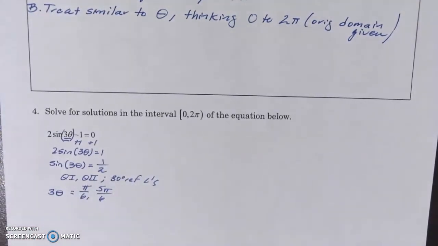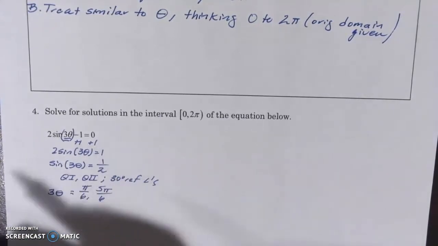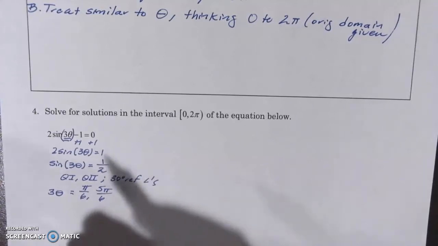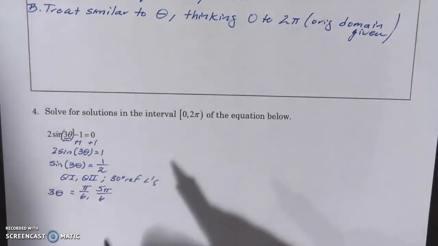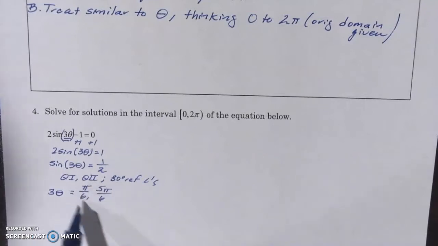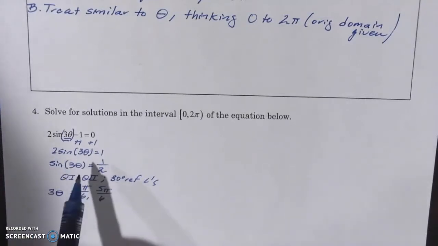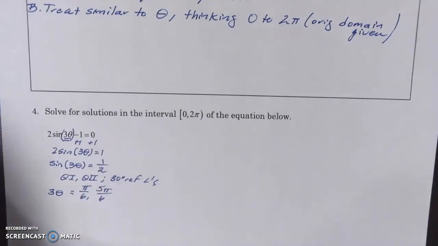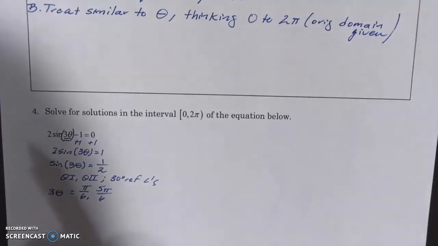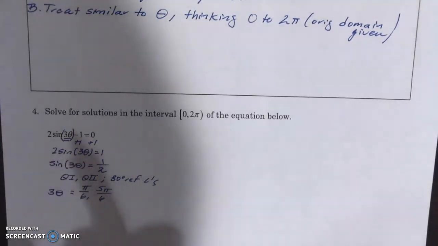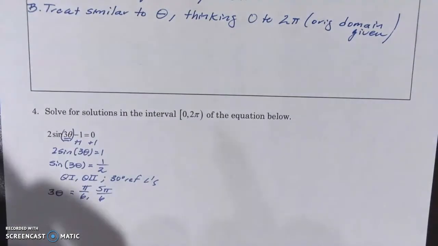Now, when we deal with something other than theta, there's going to be more than the normal amount of solutions. If this just said sine of theta, we'd stop with our 2 solutions. We have sine of 3 theta, so you can think that there's actually going to be 3 times as many solutions as we would normally have.